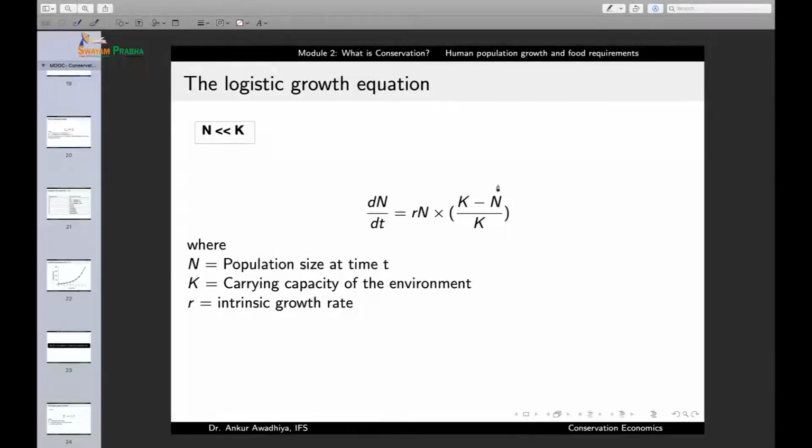Now, if N is very much less than K, which is in the starting, suppose you had a carrying capacity of say 10,000 mice, but you only started with 2.